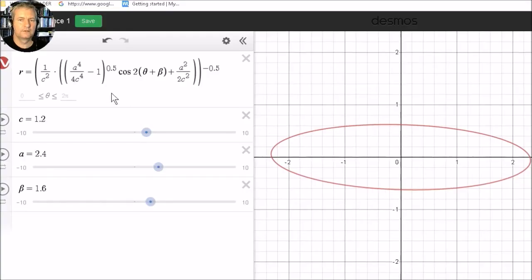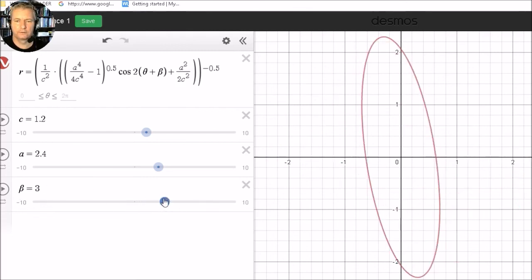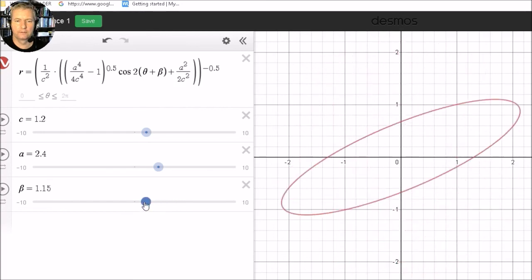So this is the equation that we've just derived, and I've put it into the graphical calculator. Now the c squared upon r squared has been rewritten as 1 upon c squared, and the whole equation here to the power of minus a half. It's just so I could get everything in terms simply of r. So again here, you can see that if we were to adjust the value of beta, it just adjusts the angle of the ellipse.